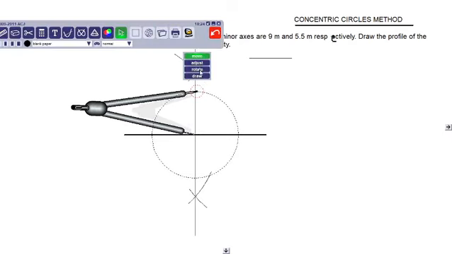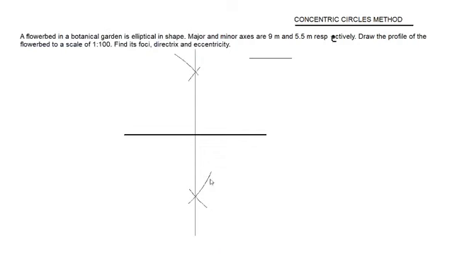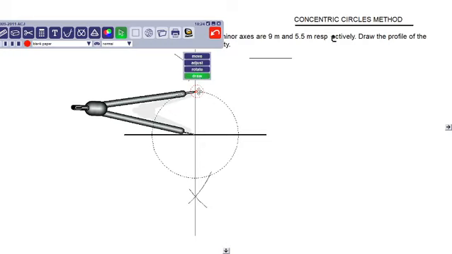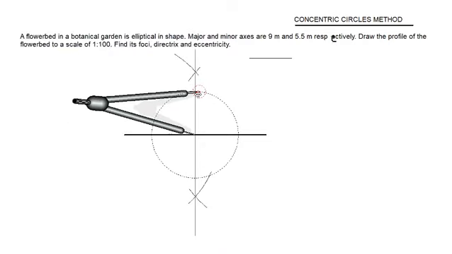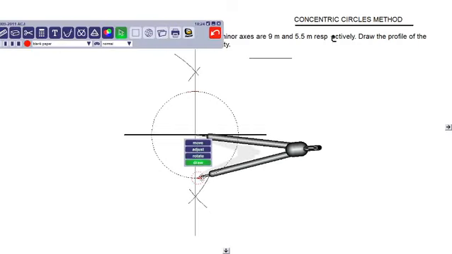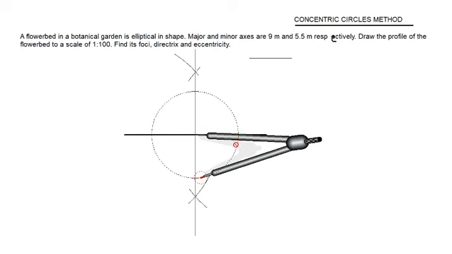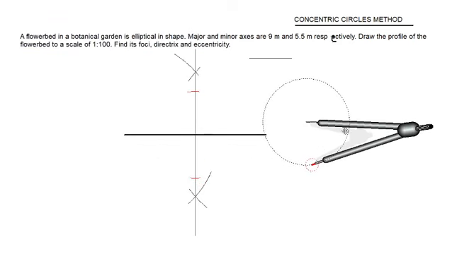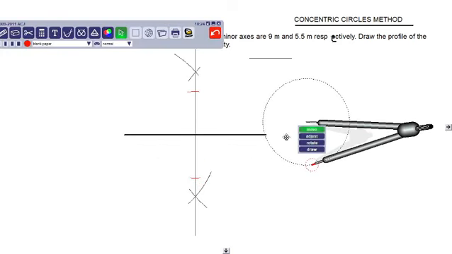Okay, you mark here. To this marking maybe I can do using the red color. Okay, and similarly you mark on the other side also. Now you can see I got the major axis and minor axis.